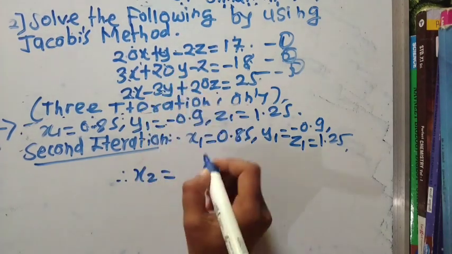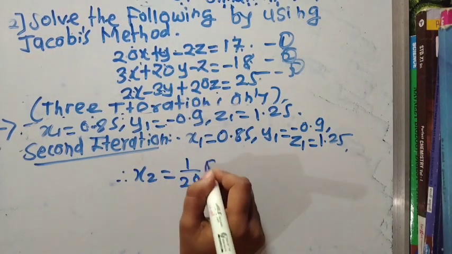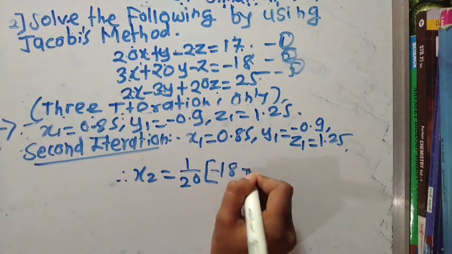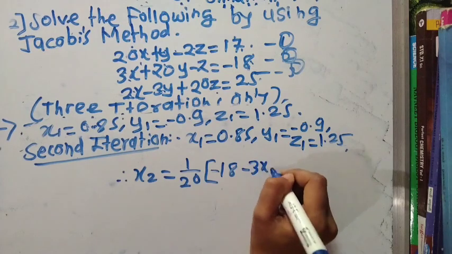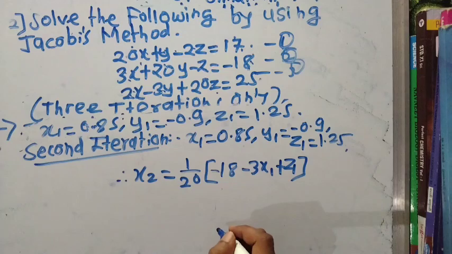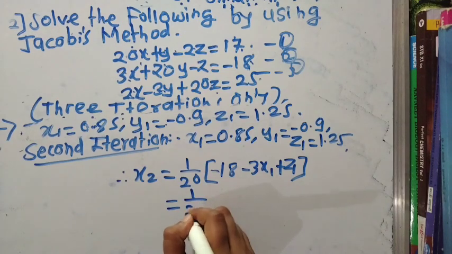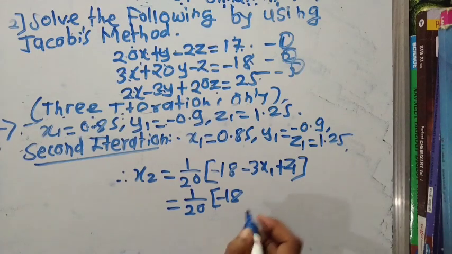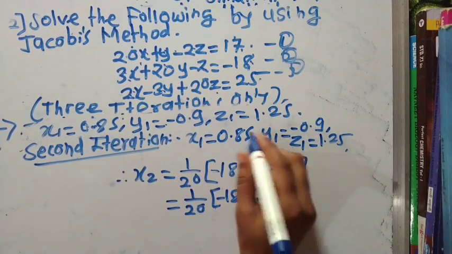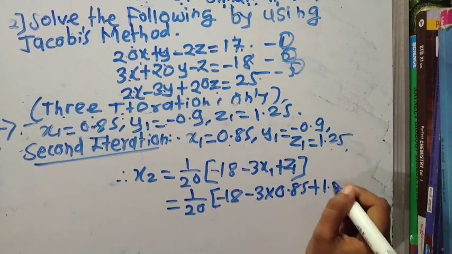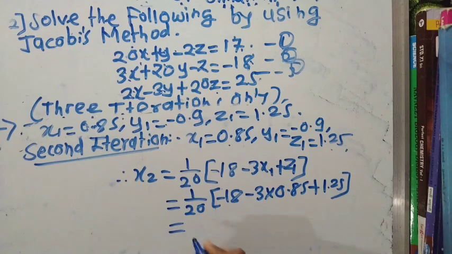So x2 is equal to 1 divided by 20, minus 18 minus 3x1 plus z1, which is equal to 1 divided by 20, minus 18 minus 3 into x1, 0.85, plus z1, which means 1.25. So find out this value.